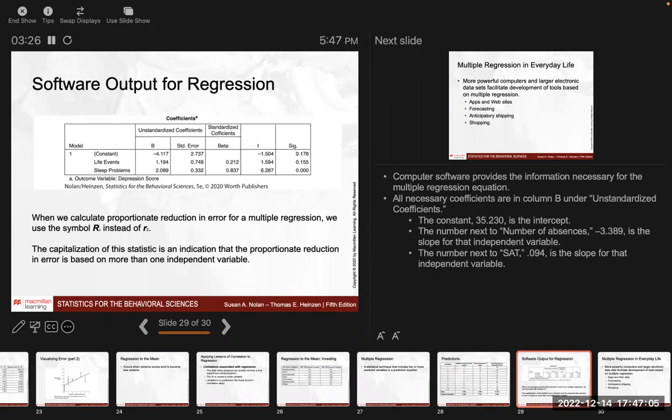Essentially for life events and sleep problems. So in unstandardized coefficients, you get exactly what that means. If we have a standardized y hat, this would be standardized coefficients. Unstandardized coefficients is basically once you have restored the actual magnitude of the value, and you get here a so-called B, which is the slope, and you get an actual standard error.